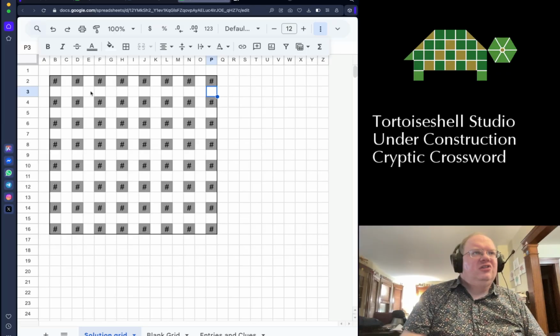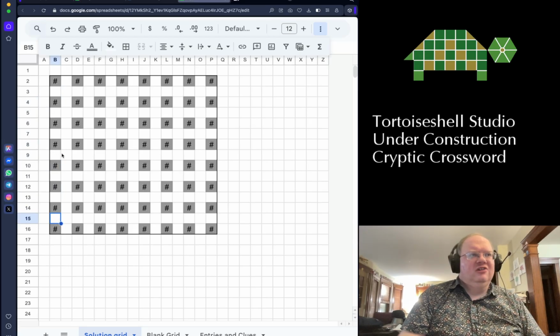Alright, so we have 7 rows and 7 columns with answers. We could potentially have the two grid spanners be the middle row and column. That's a possibility.